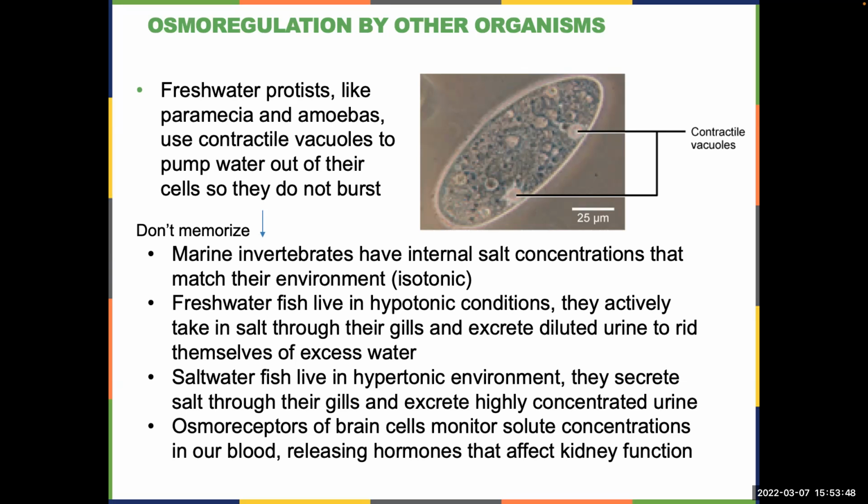Your book gives examples of freshwater fish and saltwater fish, and even our brain helping to regulate solute concentration in the body. I'm not going to test you on those specific examples, but it's good to look at it and make sure you understand it to see if you're understanding the concept as a whole.